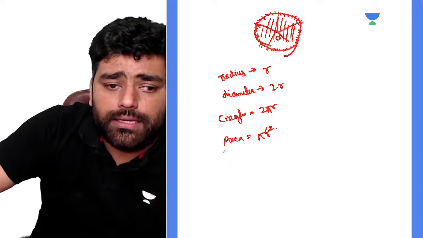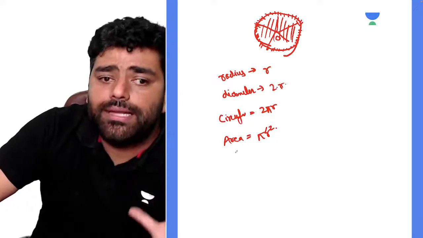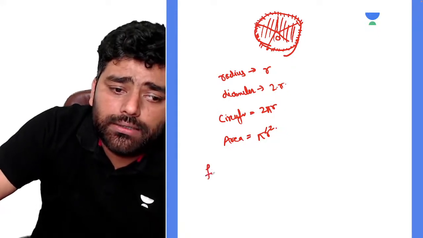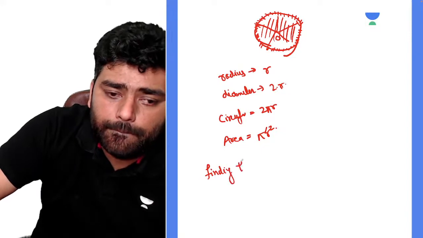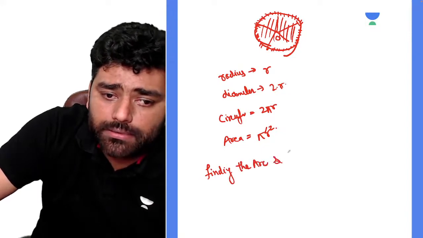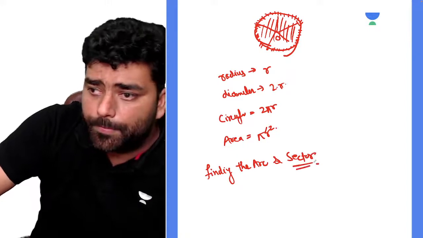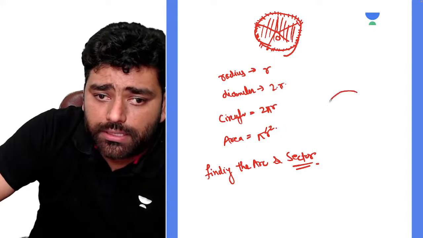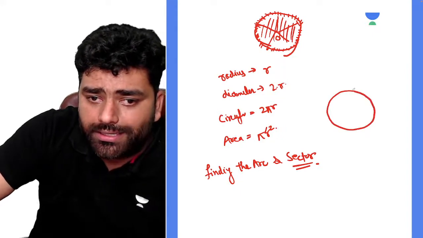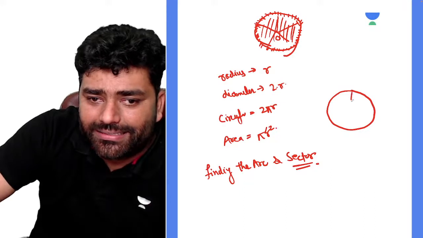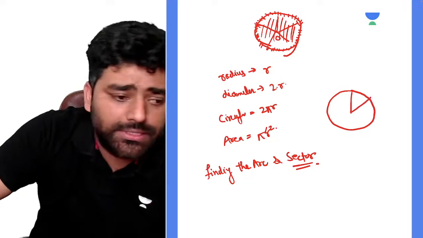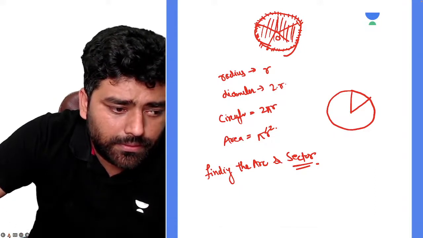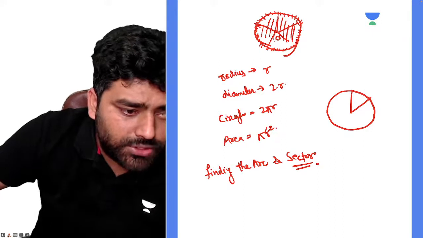Okay, and now the important thing that generally comes in SAT and ACT is finding the arc and sector. So what is an arc? If I make a circle again here, it can be a little tricky.